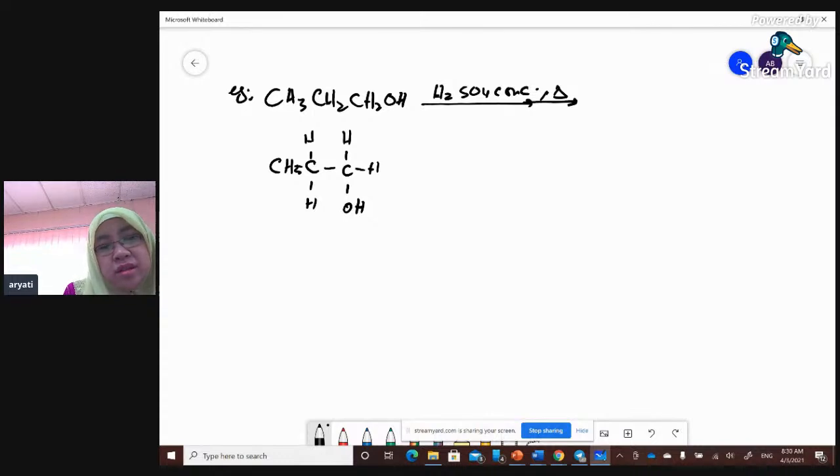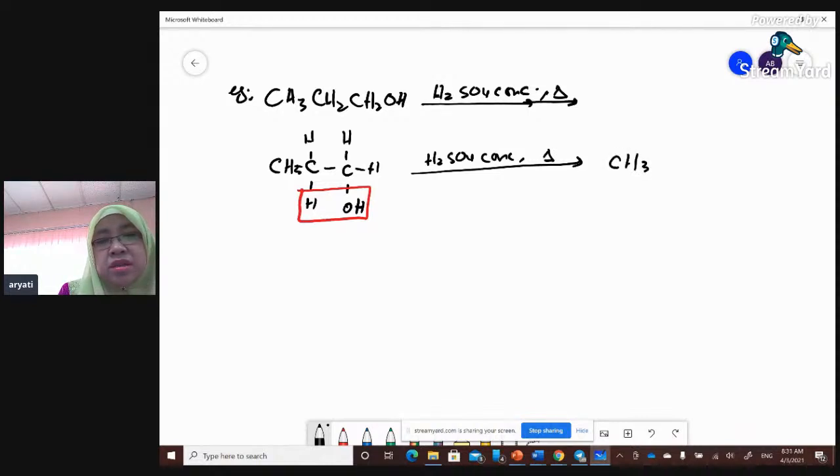So for this alcohol, dia akan remove water, H and OH from the adjacent carbon. So dia akan jadi, your product will be the alkene CH3, CH, so normal single bond dah jadi double bond, CH2, so dia jadi alkene. So dekat sini pun double bond, dekat sini pun double bond sama. Okay, so in this case dia akan bond cleavage between carbon and OH.